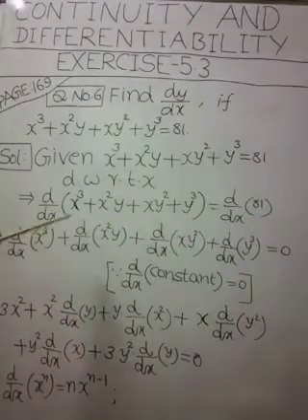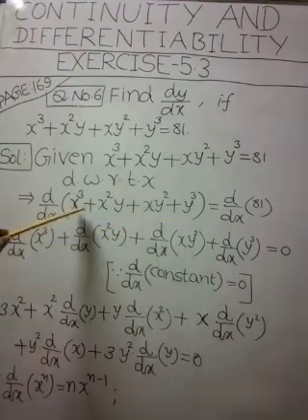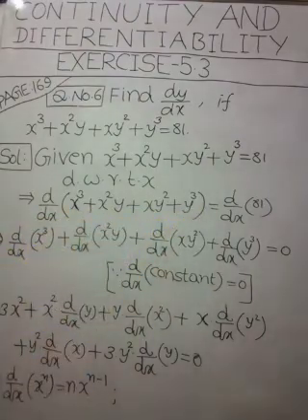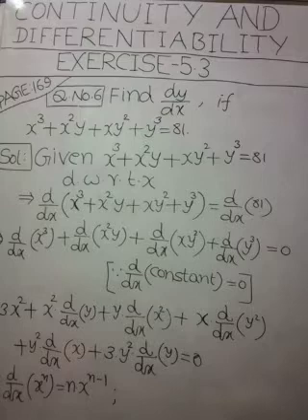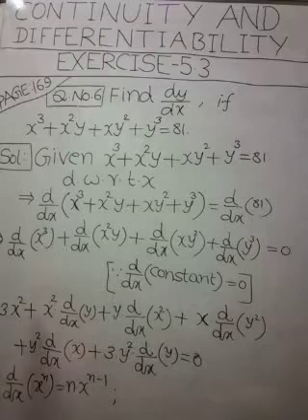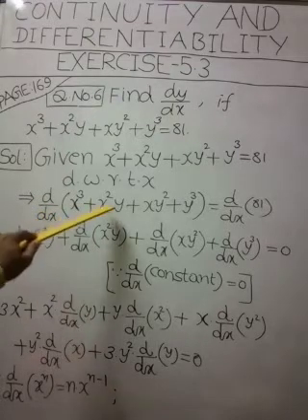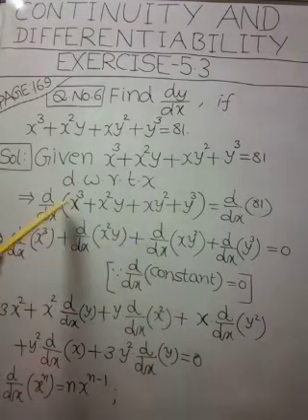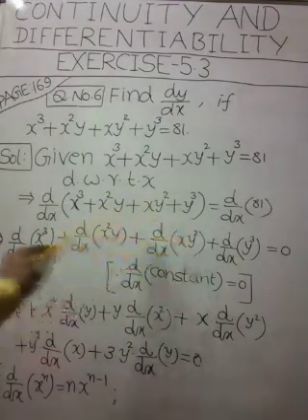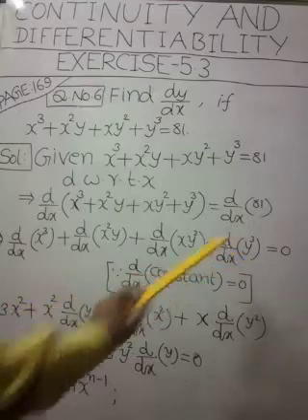Now come to LHS. There are 1, 2, 3, 4 terms. So we can find the derivative of these 4 terms separately. That is why I am writing here d by dx of x cube plus d by dx of x square y plus d by dx of xy square plus d by dx of y cube.